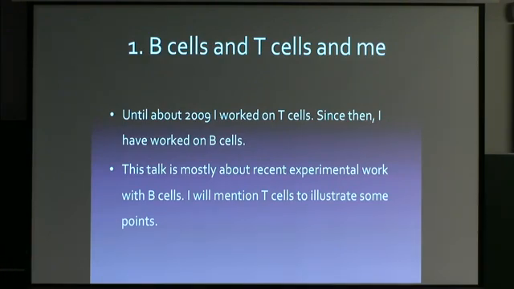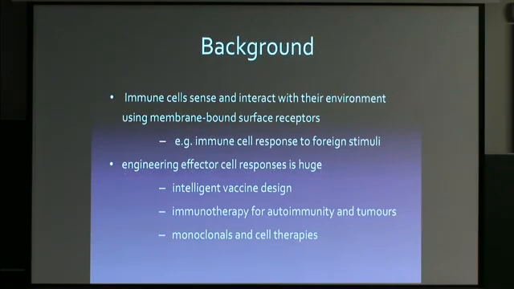Immune cells sense and interact with their environment using membrane-bound surface receptors. For example, an immune cell has to have receptors which can bind to foreign things in your body, such as viruses, bacteria, proteins, and peptides derived from those. That's how it detects it, and that's how an immune response gets started. Engineering these effector cell responses, this is kind of the motivation, is a massive thing.